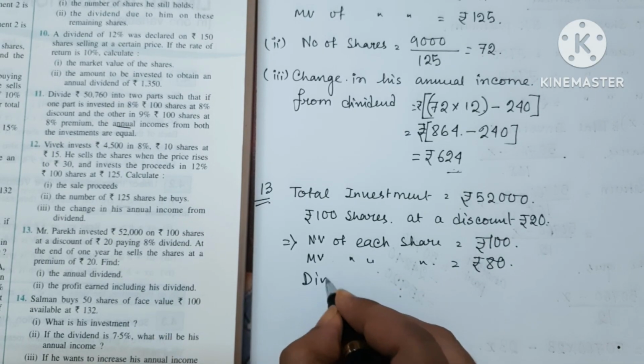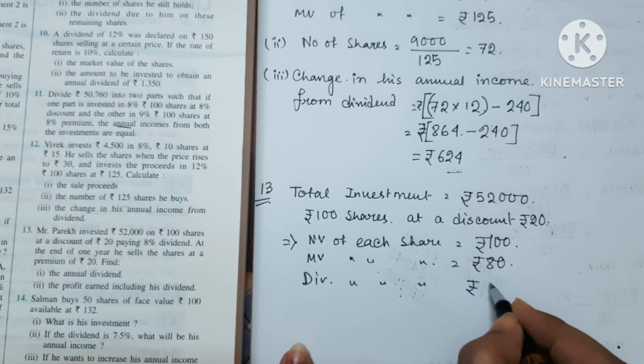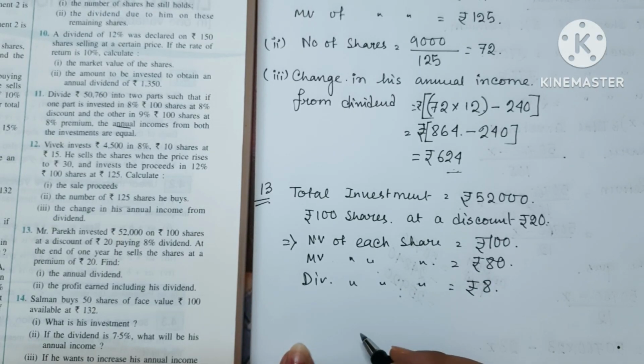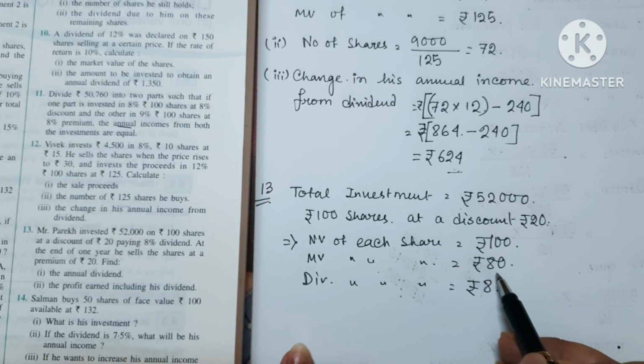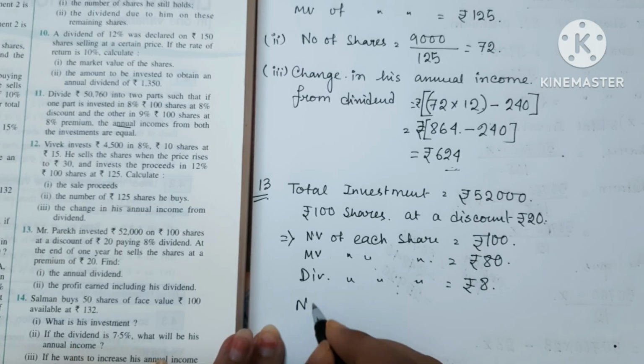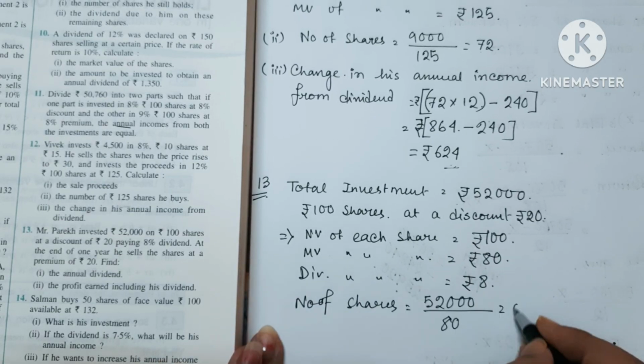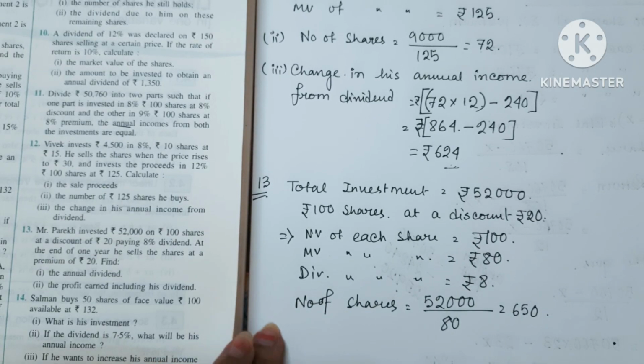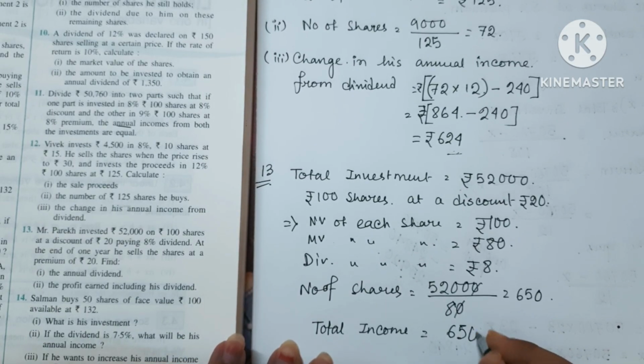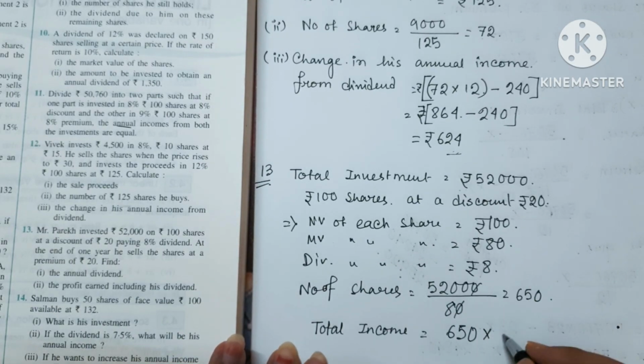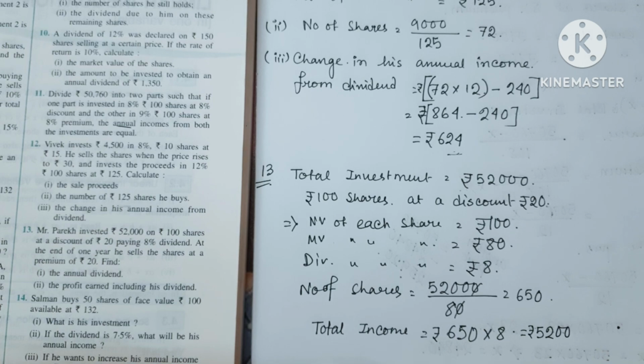So dividend of each share is rupees 8. Okay. Now this is the total investment, this is market value, that means number of shares 650. Okay. Now total income 650 into 8. So this is the total income or annual dividend.